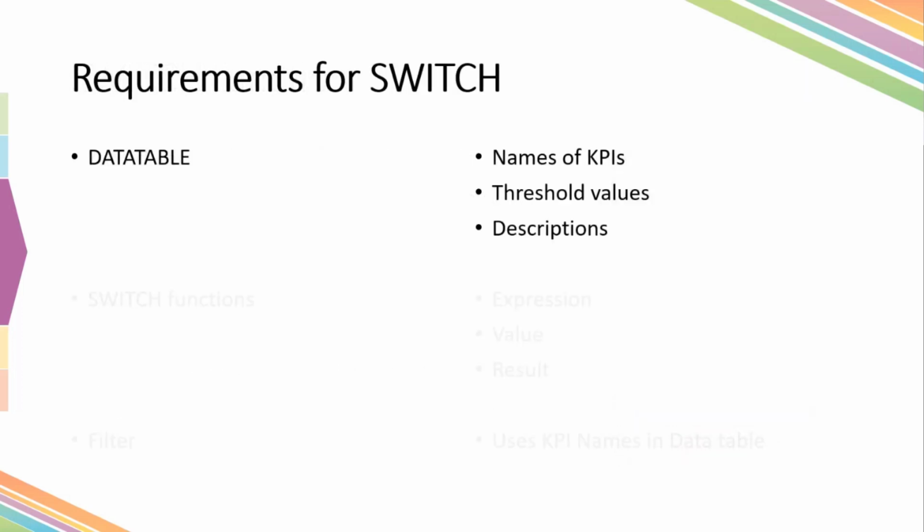And on top of that, I needed a couple of requirements for my initial solution, which was, first of all, a data table. That's a very central part of the whole setup, because it was supposed to be the focal point in which the user can implement any changes. So it would include the names of the KPIs, the threshold values, and the descriptions that the person wants to add into the tooltips.